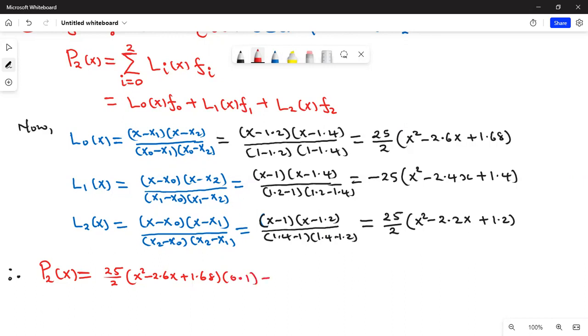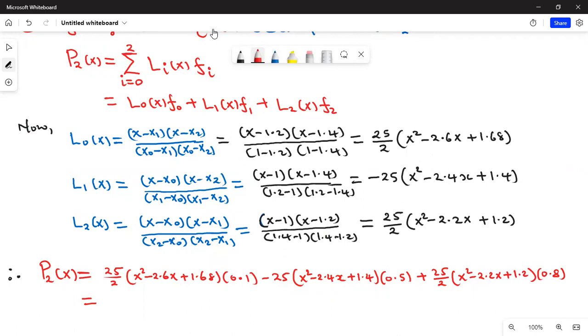Then plus, that will be minus now, minus 25 x squared minus 2.4x plus 1.4 times F1, that was 0.5. Then lastly, plus 25 over 2 x squared minus 2.2x plus 1.2 times F2. F2 was 0.8.